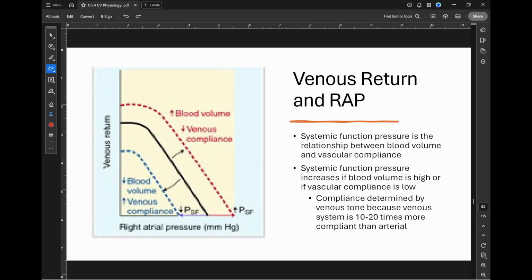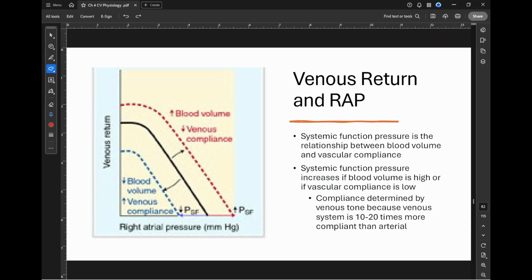So if you increase blood volume or you decrease venous compliance, how does decreasing venous compliance alter your right atrial pressure? Increases, right? All that venous compliance goes down. That means the blood's leaving the veins. It's going back into the heart.